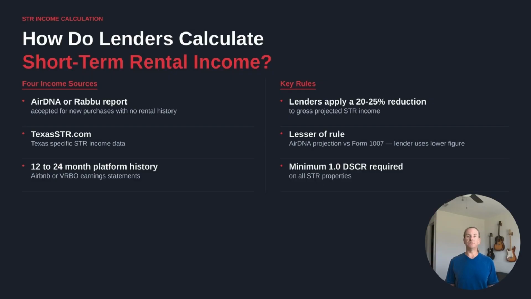They take into consideration property management fees, cleaning fees, that sort of thing. So they'll never take the full 100% of the projected income. They always do a quote unquote haircut rule, a discount of 20 or 25% off that. So you've got to be aware of that also.